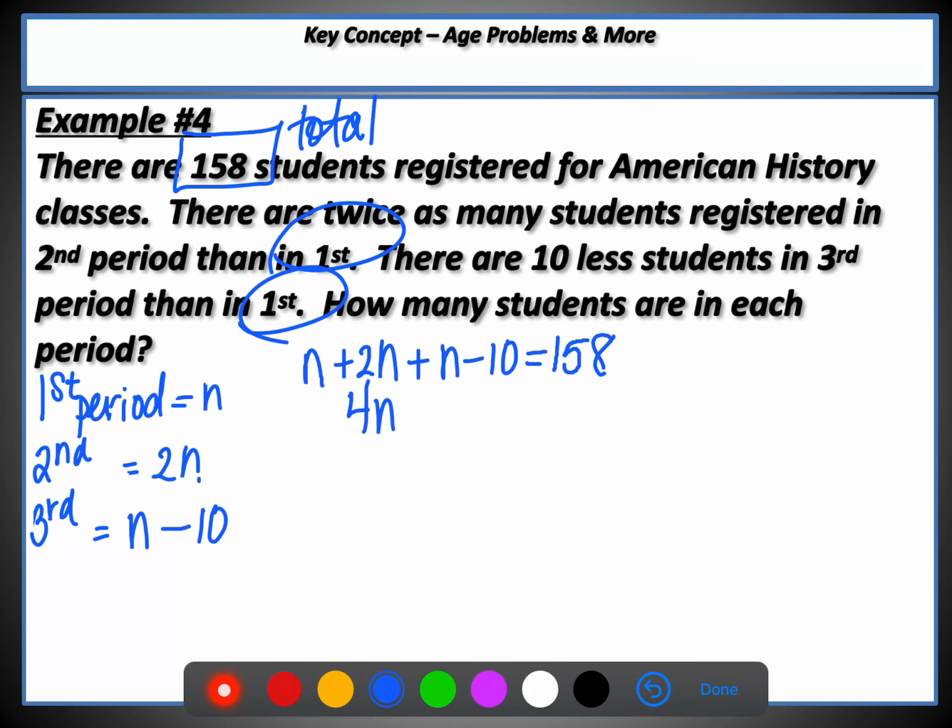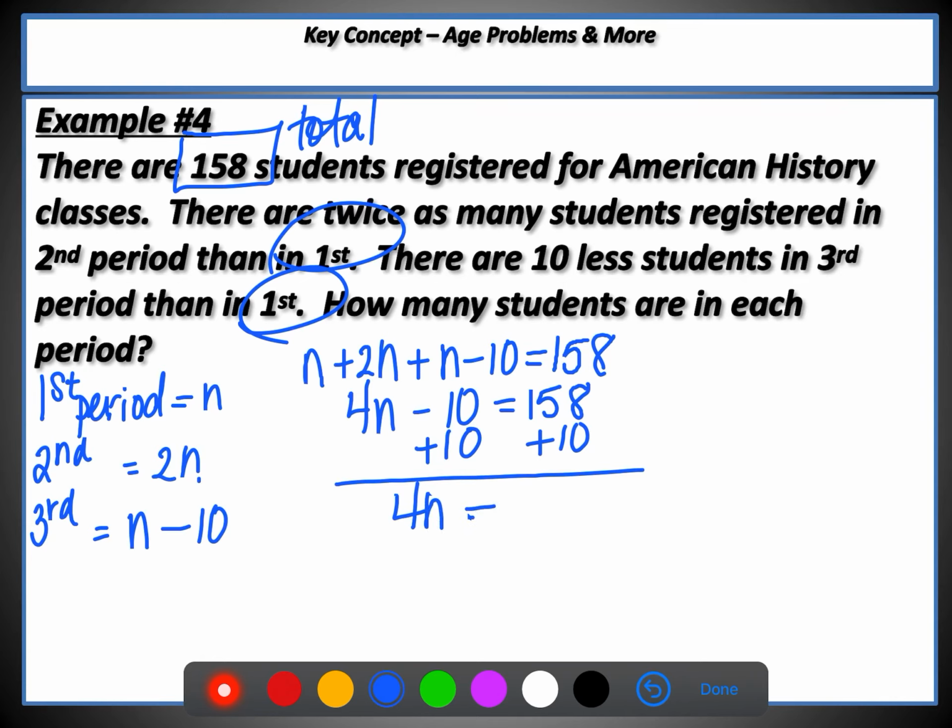All right, combine like terms. And then begin to solve. So 168 divided by 4 gives me 42.